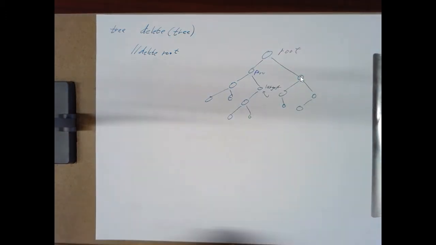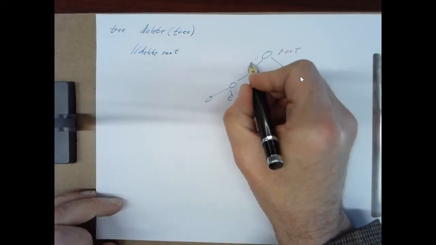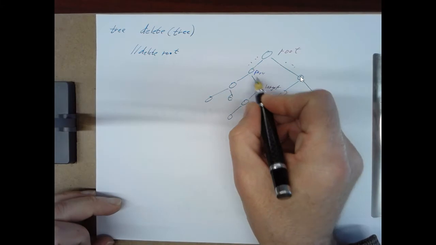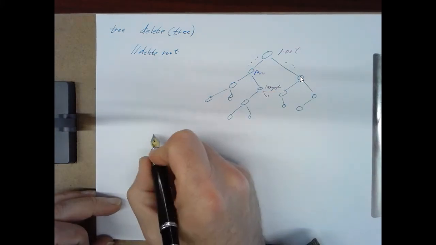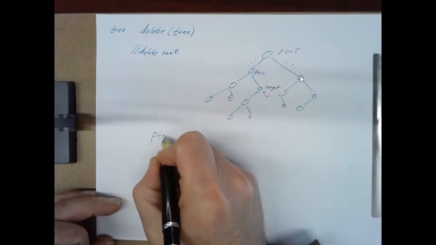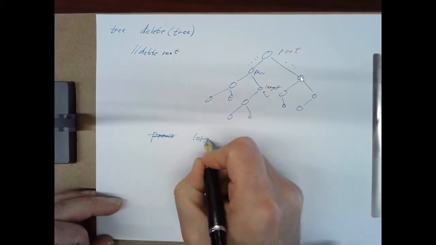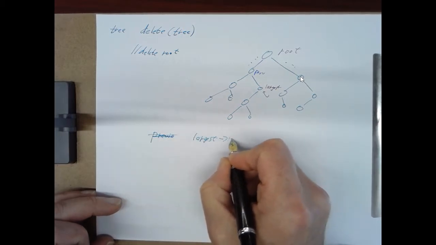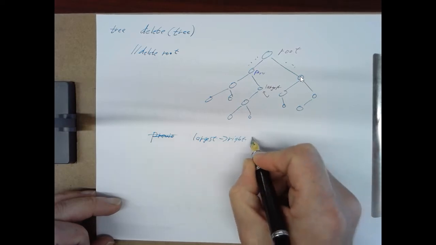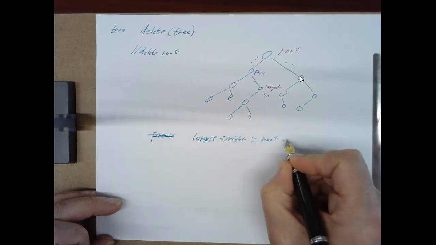So we want to do the following steps. So here's the root. There's some other stuff in here, right? Here's the largest node. Here's the previous. So we want to do basically three things. So largest right equals root right.